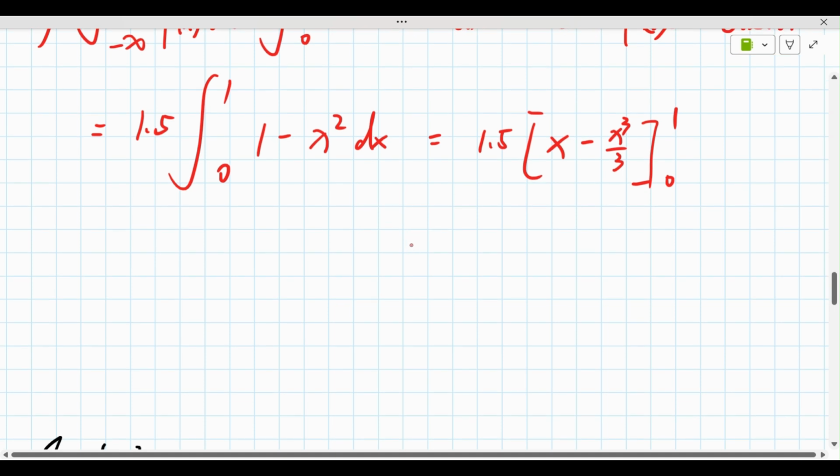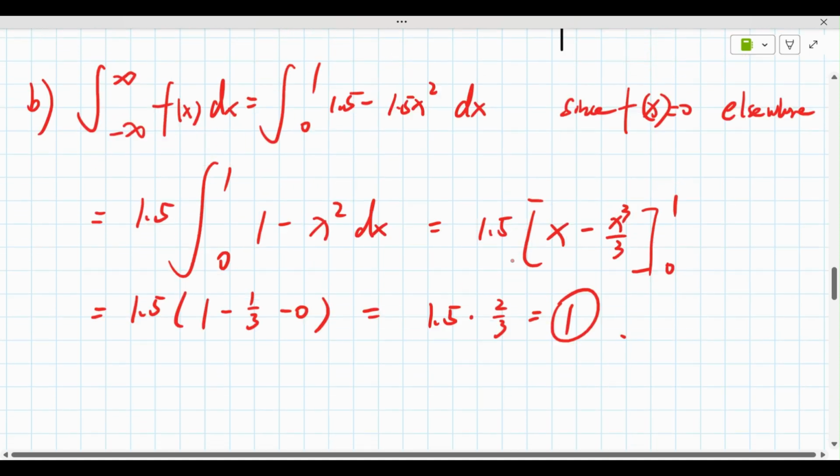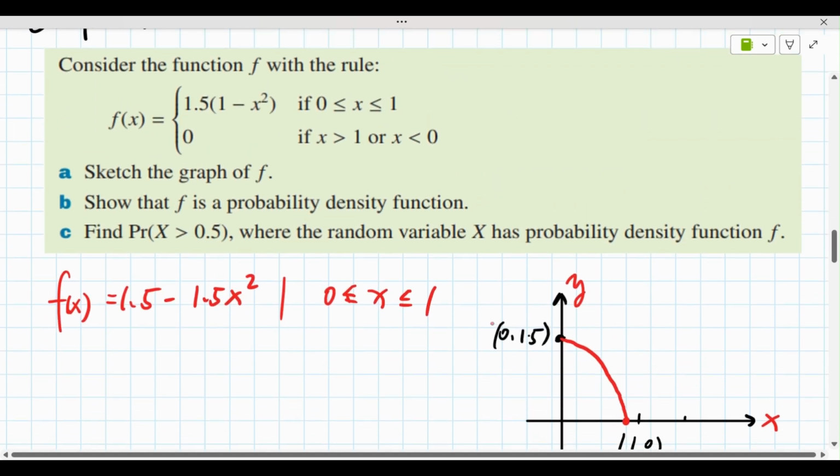So we can say 1.5 times 1 minus 1/3 minus 0, so that equals 1.5 times 2/3, which equals 1. So the second condition holds, hence it is a probability density function, which is the whole 100% from 0 to 1.